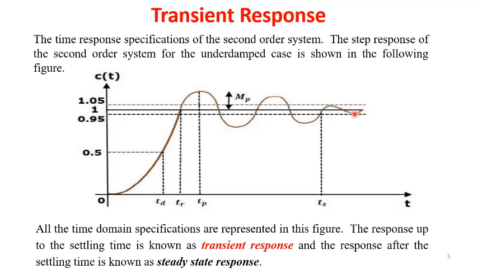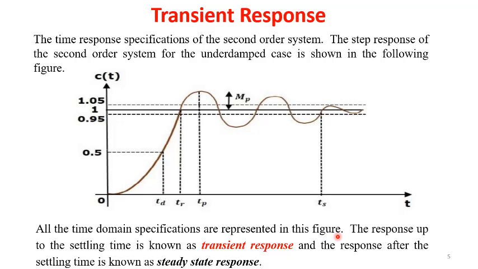Here we can see all the time domain specifications represented in the figure: td, tr, tp and ts, where td stands for delay time, tr the rise time, tp the peak time, and ts the settling time. And we have Mp, the maximum peak output. So all the time domain specifications are represented in this figure.